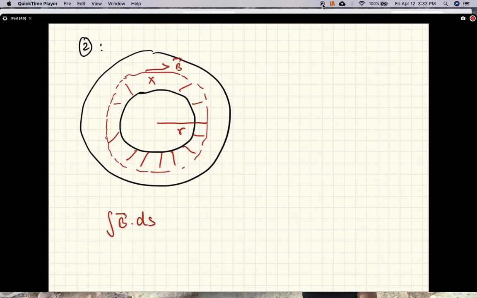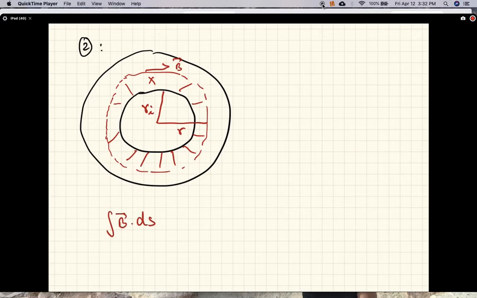This area is pi r squared minus pi, we'll call this r in, r in squared.